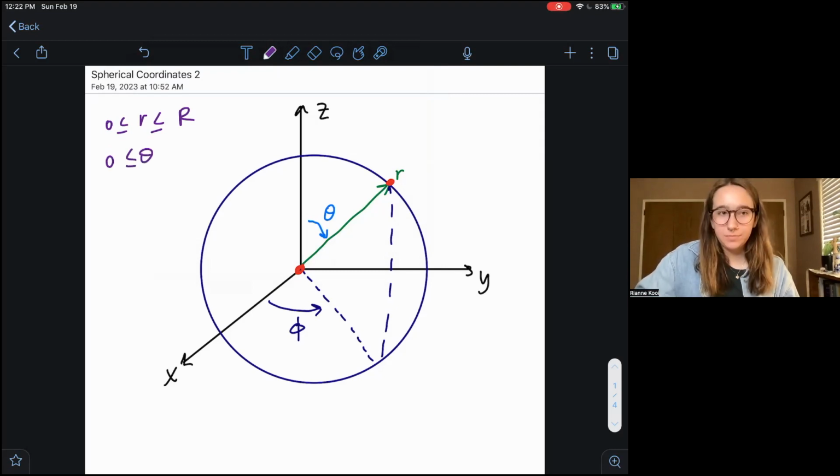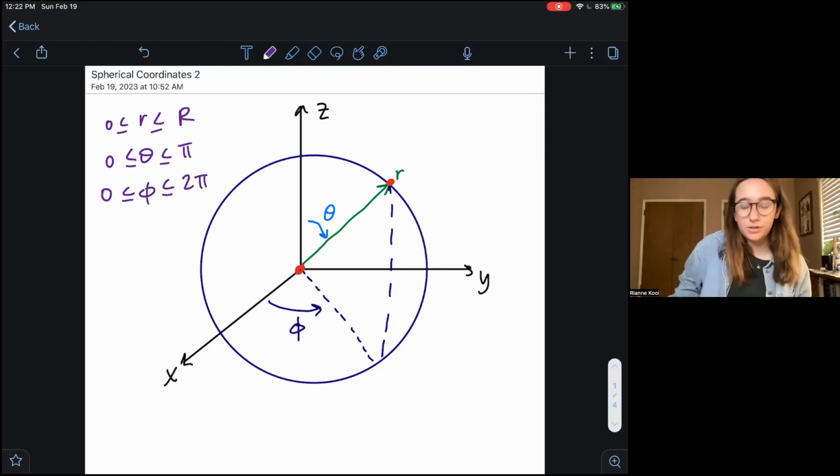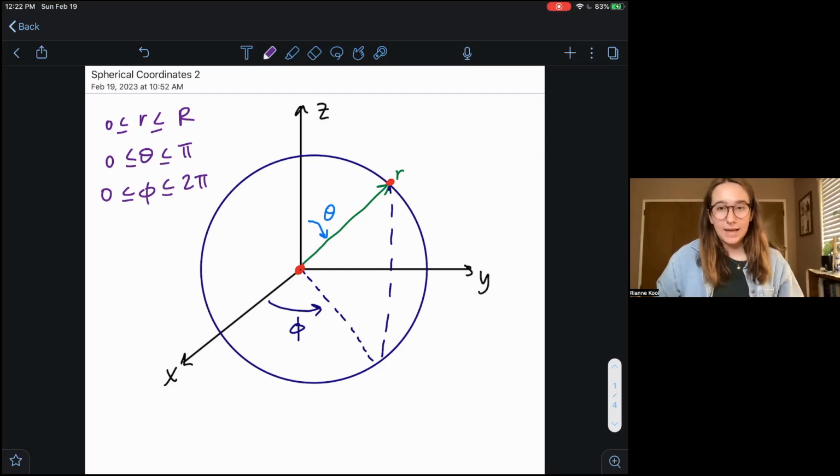Theta goes from 0 to pi, and phi goes from 0 to 2 pi. So that's what we'll be working with more this time, compared to last video where we were looking at something in 2D. This case, we're looking at something in 3D. So let's just get into it.